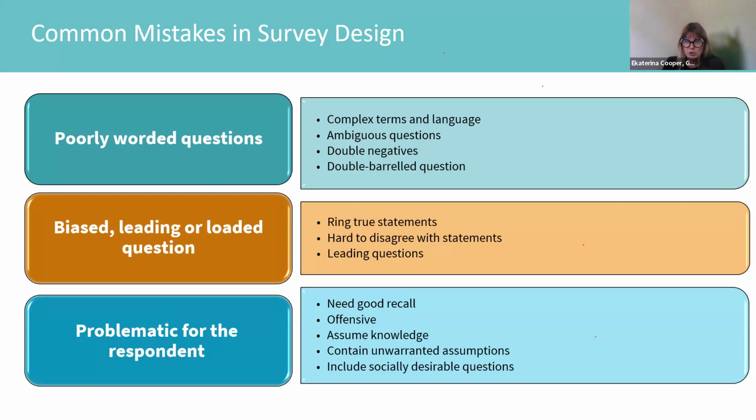Avoid ambiguity in your questions, as well as double negatives. Our data is only as good as the respondents' answers and as good as our questions. Hence, we want to avoid double-barrelled questions. We're all really trying to minimize surveys, and oftentimes we don't want to give too many questions to participants because we know they're not going to complete it.